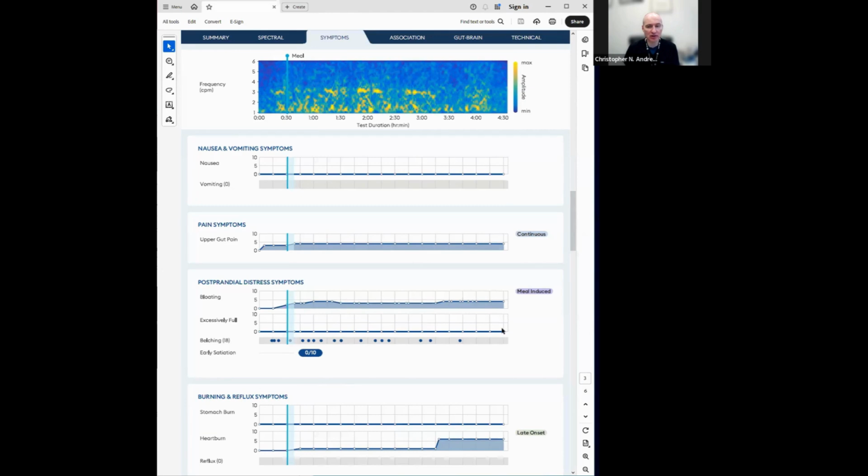The bloating is meal-induced, and these are more helpful, particularly when you're looking at symptom phenotypes where the spectral analysis is normal. And for the heartburn, they did get some heartburn quite a bit later on in the study, which is tagged as late onset, which is correct, but I don't think that that is necessarily a prominent or particularly relevant finding in this situation.